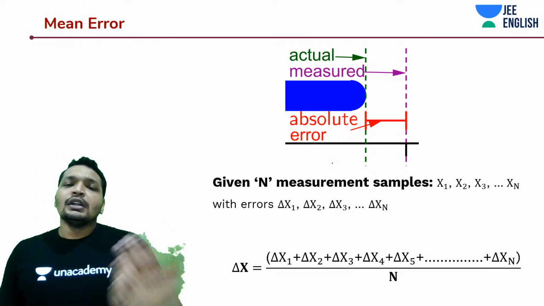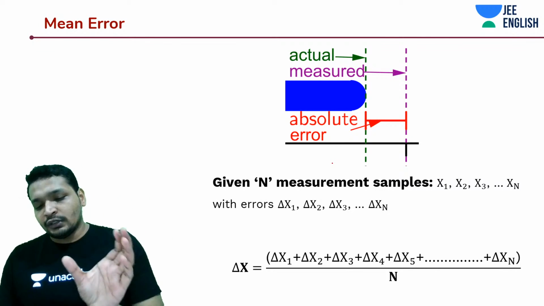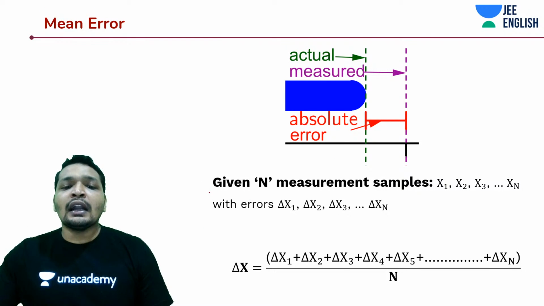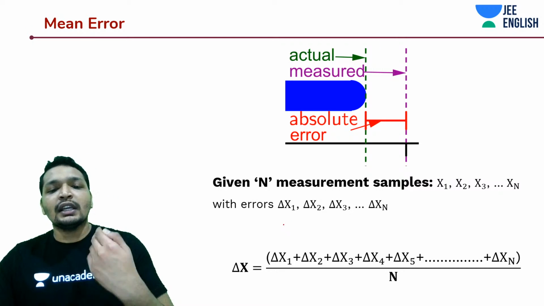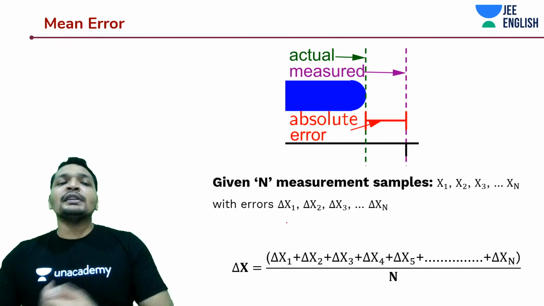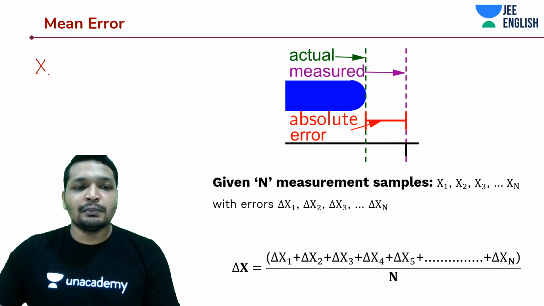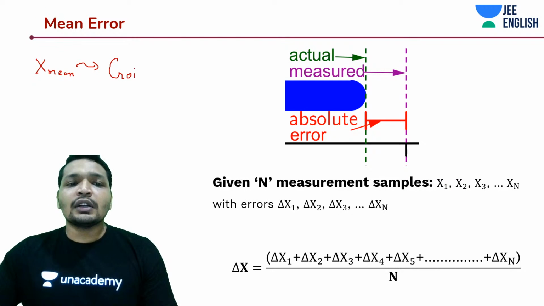No, of course not. When I talk about errors, I have a deviation from the mean or from the actual value. And now I need to make sure I also take a mean of the errors to say that on an average. So for some measurement, X mean is going to be the value. But what about the error?